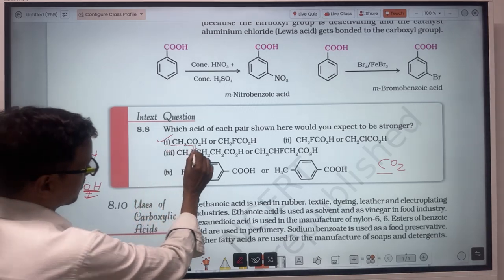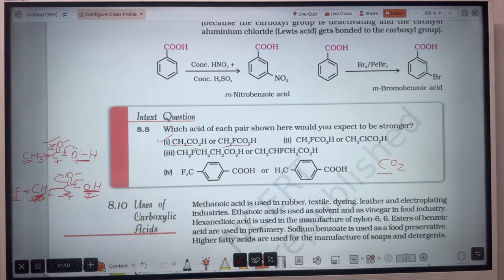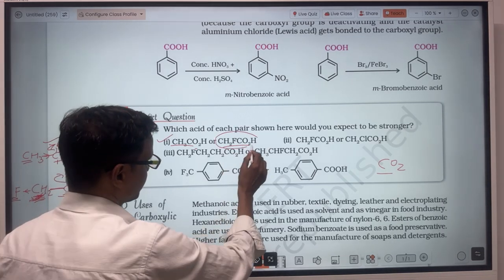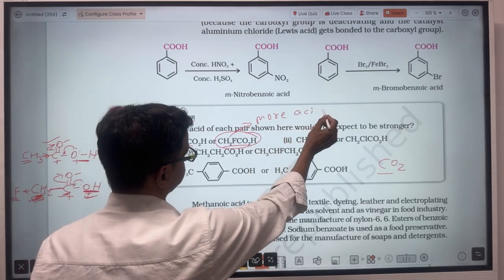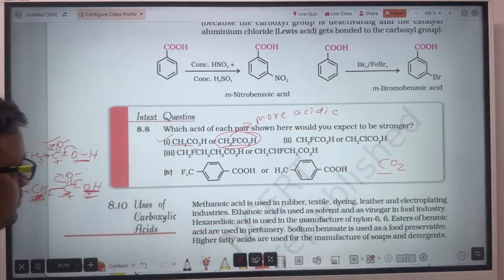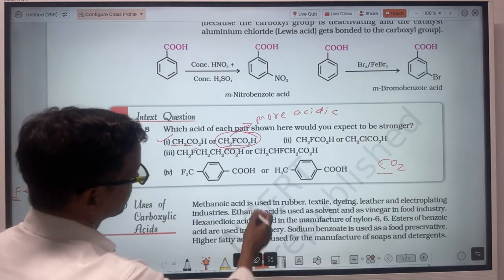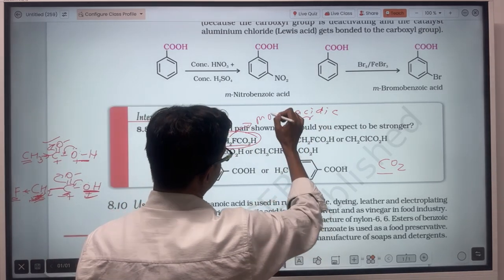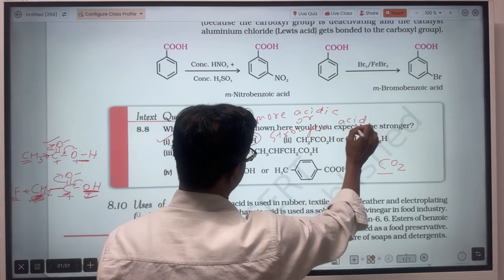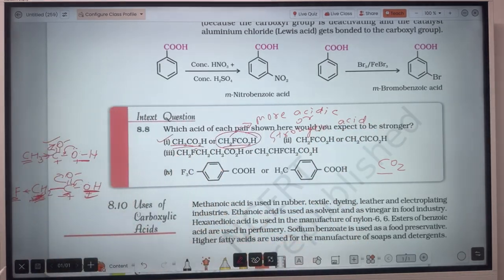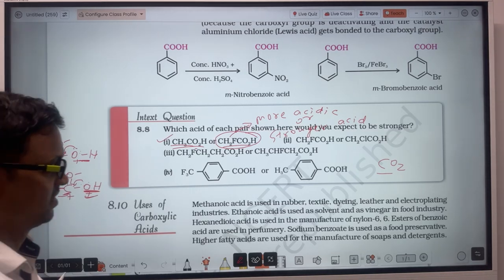So that's why, among ethanoic acid and 2-fluoroethanoic acid, the 2-fluoroethanoic acid is more acidic. It is a stronger acid.